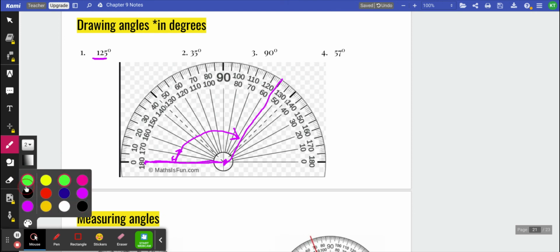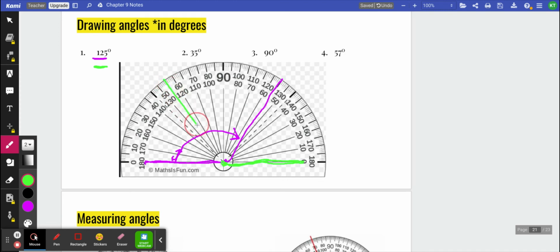Now, you see that there are two numbers here. When I'm going this way, I use those top values. If I wanted to draw 125 going the other way, here's my 0, pretend that's straight, I would go this way using the bottom numbers, 10, 20, 30, 40, 50, 60, 70, all the way over.